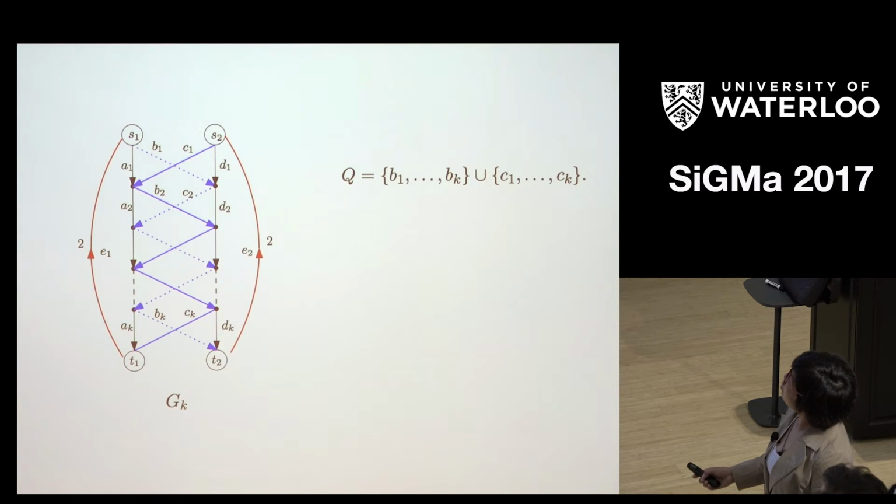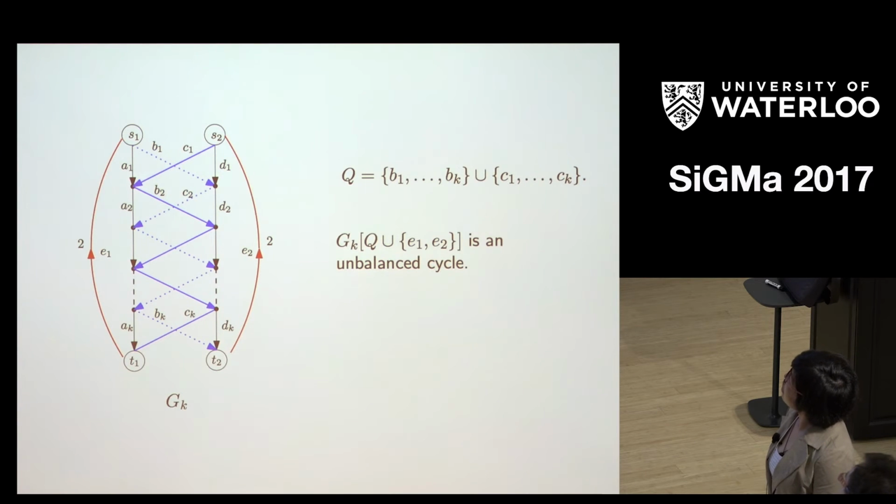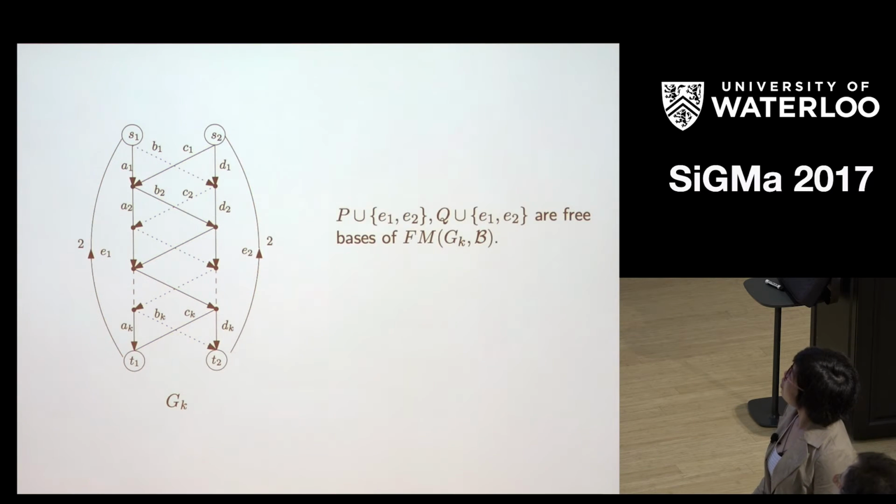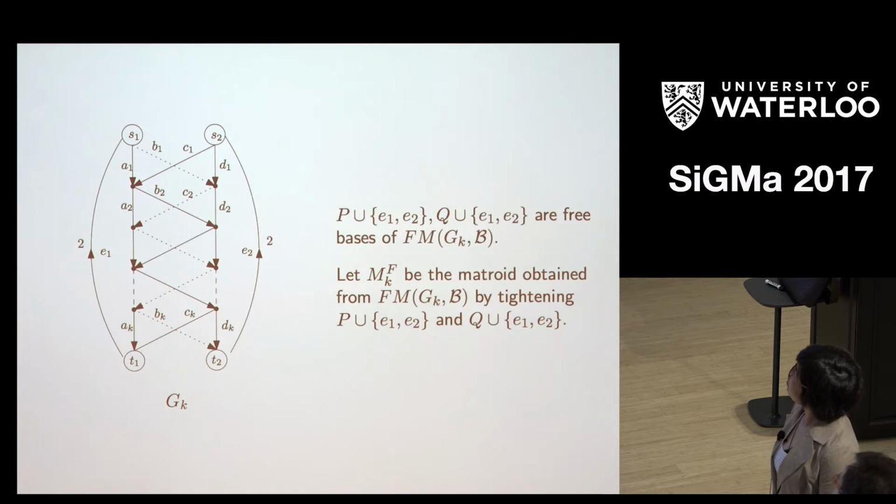So let Q denote the other blue edges. The union of Q and E1, E2 is an unbalanced cycle, and is also a free basis of the frame matroid. So we get two free bases of the matroid, and if we tighten the two free bases of the matroid, we get another matroid.